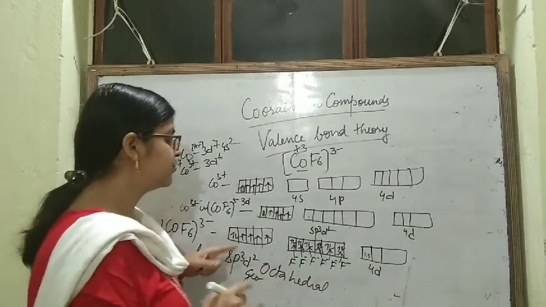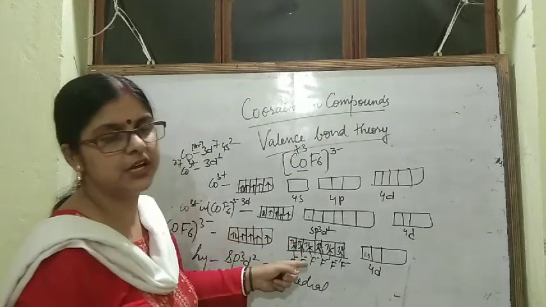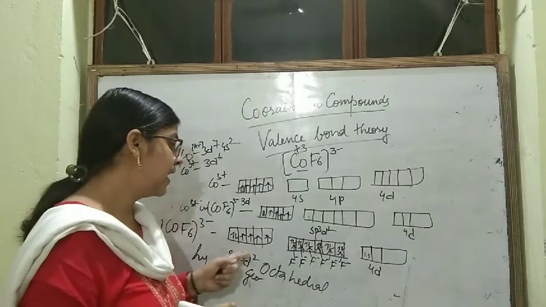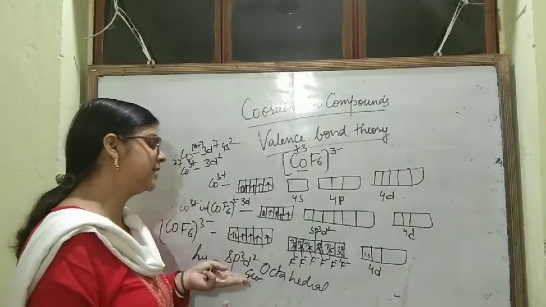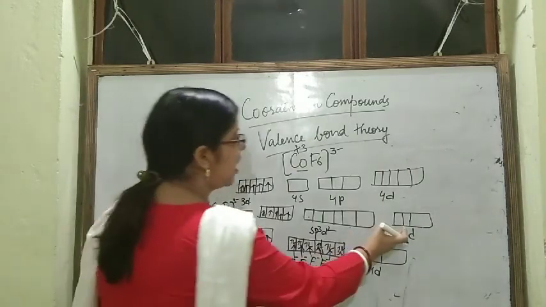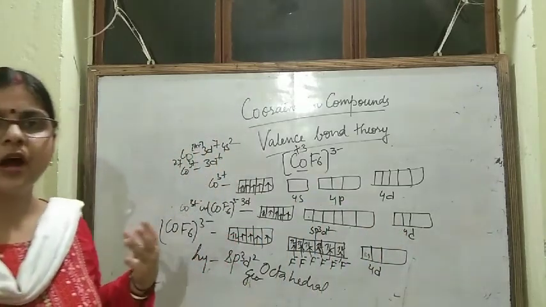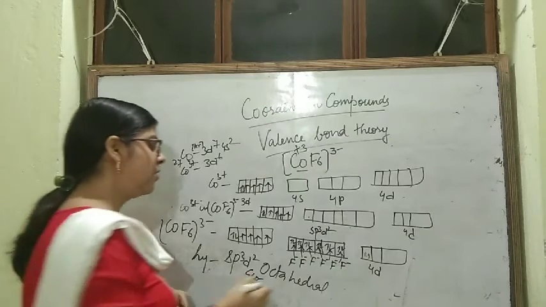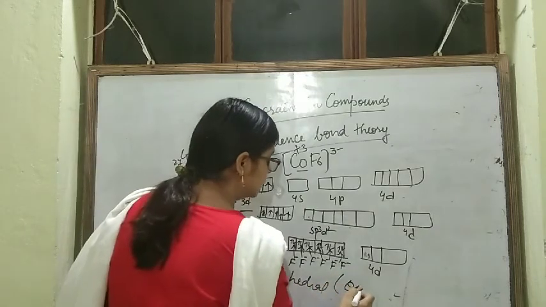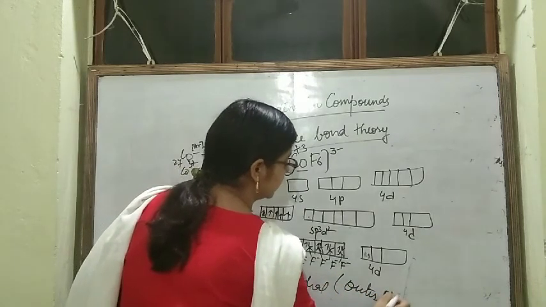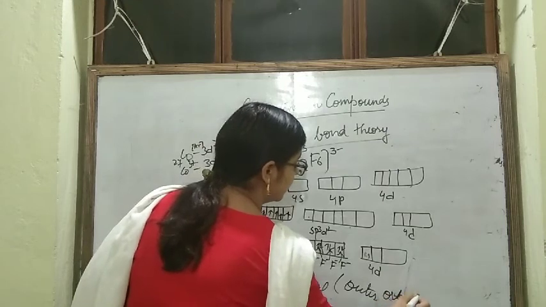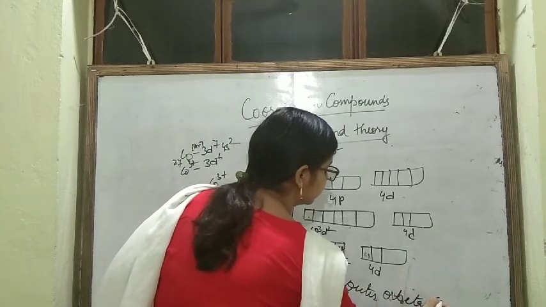Now, here students, you will have to mention that it is an outer orbital complex since the outer d orbital is involved in hybridization. So you can write here: outer orbital complex.